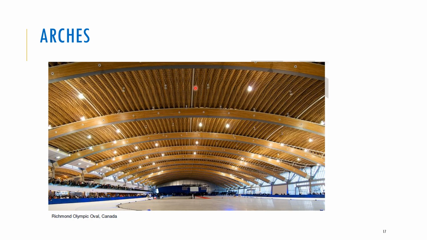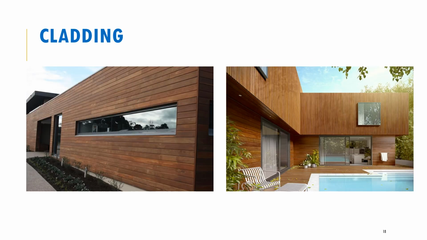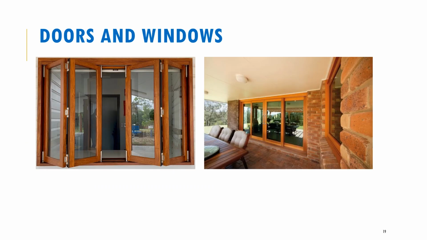Arcs: it's easy to get an arc-shaped design through the use of timber. Again, you rely on the design of connections to form such a system. Cladding on the outside, you can get that as timber, and a lot of interior designers and architects like to use timber as it gives an extravagant look to your building.